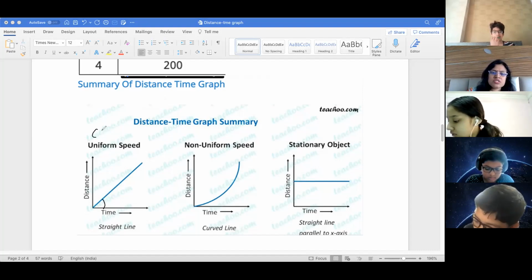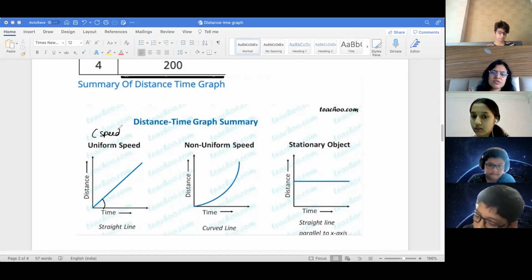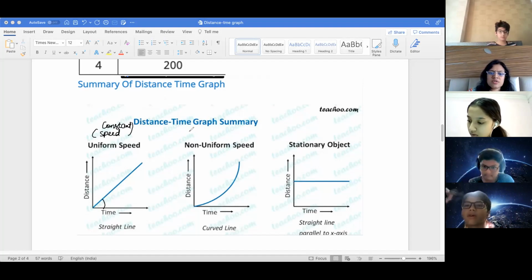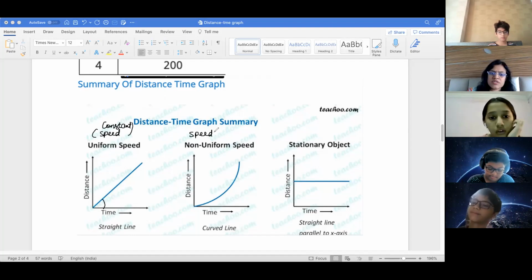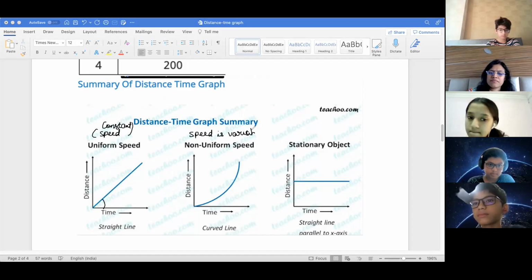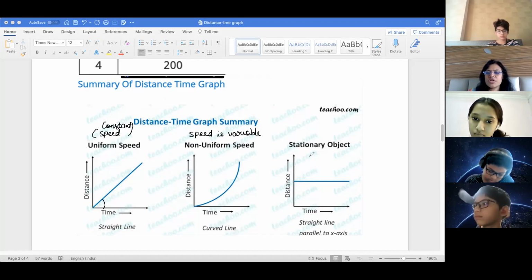This is speed is constant. This is constant speed or same speed. These are all types of the distance time graph. Yeah. Correct. Speed is variable and stationary. Speed is 0.